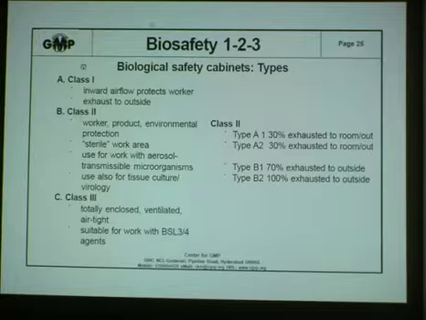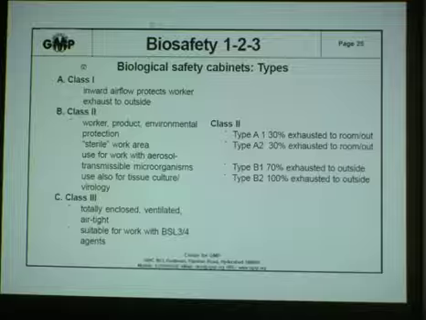And finally, you have class 3, which is totally enclosed, it is ventilated, and it is airtight, hermetically sealed from the laboratory environment. And it is suitable for work in BSL 3 or BSL 4 facilities and risk level 3 or 4 infectious agents.